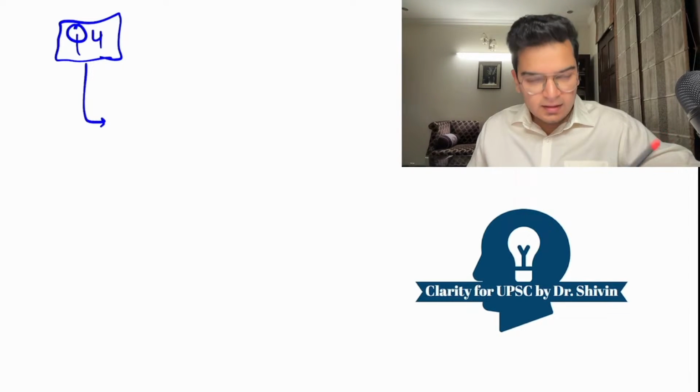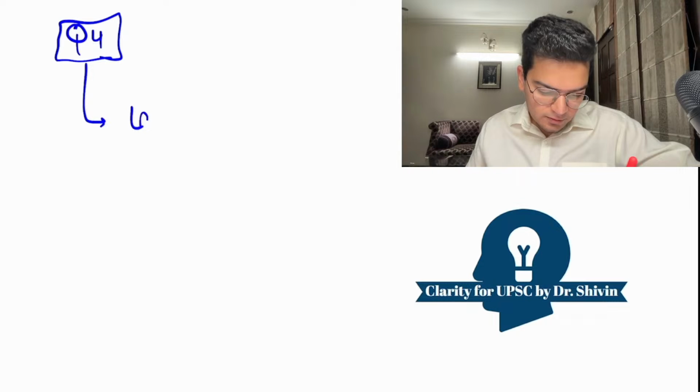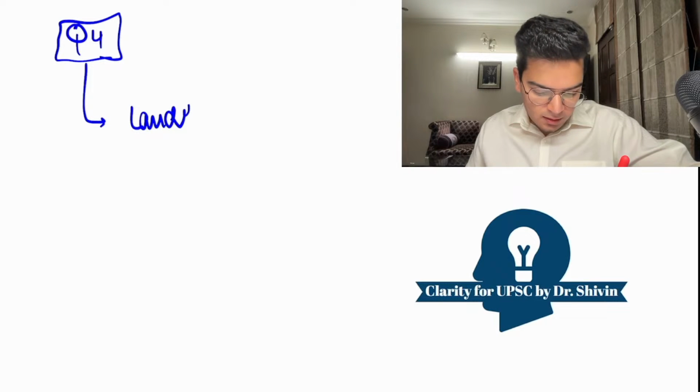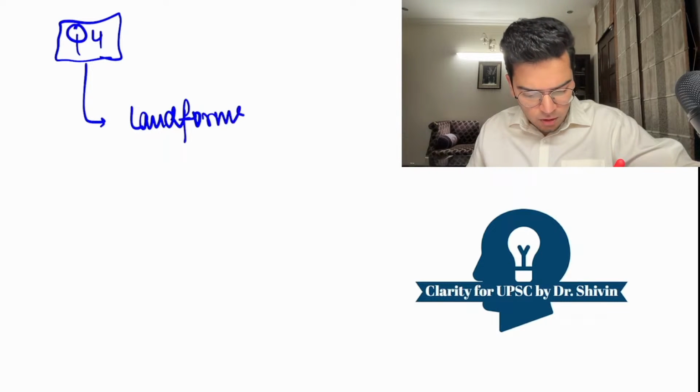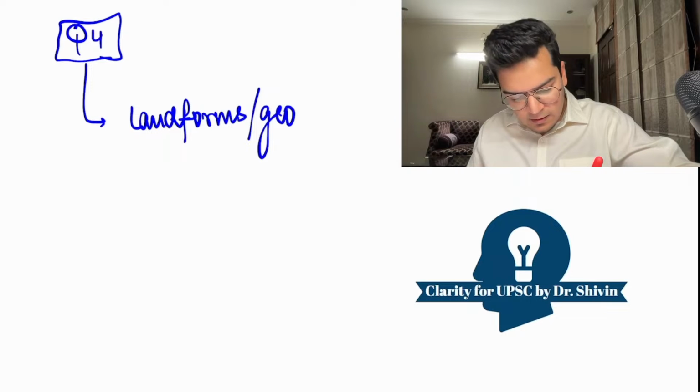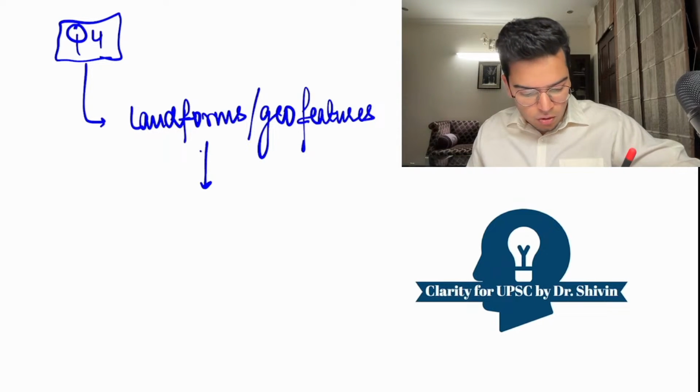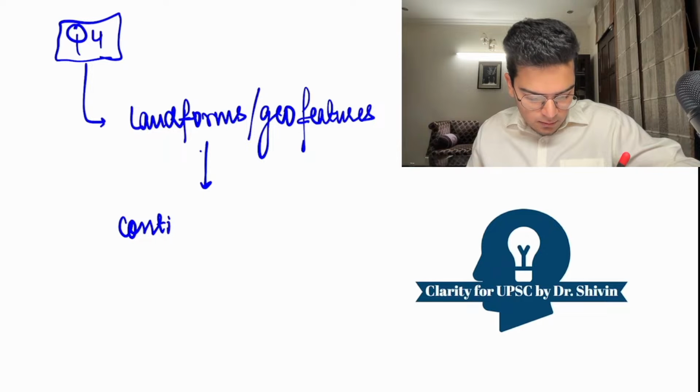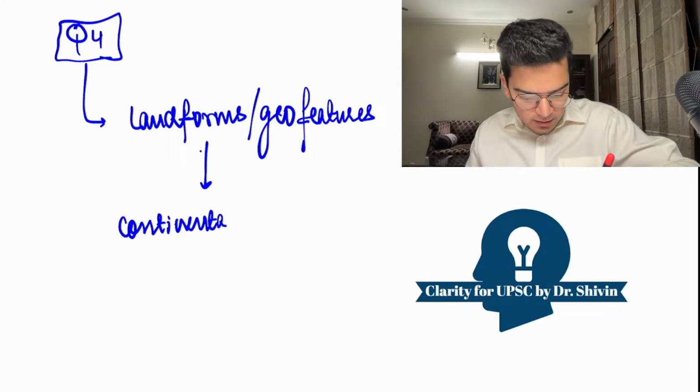Tell me all the landforms, or the geographical features, that are formed in the case of continental oceanic convergence.